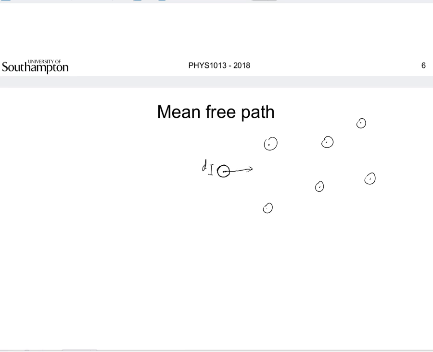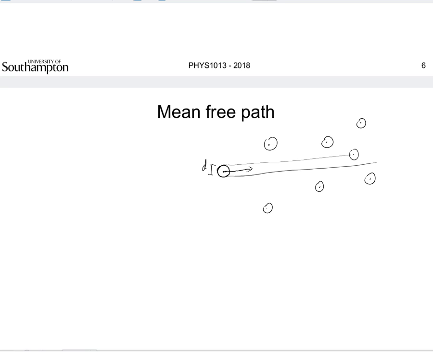The idea is that we're going to ask how far it can travel before it collides with another one. The construction we have to do is to construct a cylinder around this, like this.